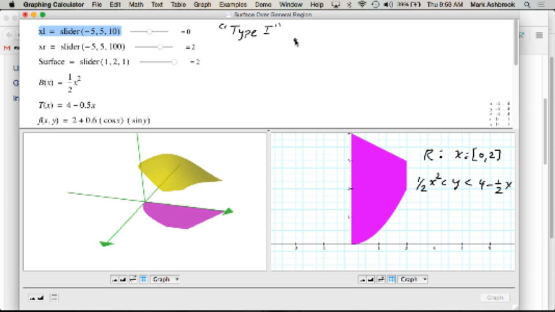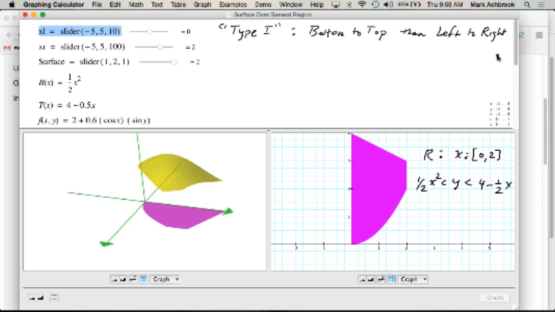A type 1 is where you start by going bottom to top, then left to right. Now these bottom, top, left, right are all in the context of the R2 picture, looking at the graph on the right side.